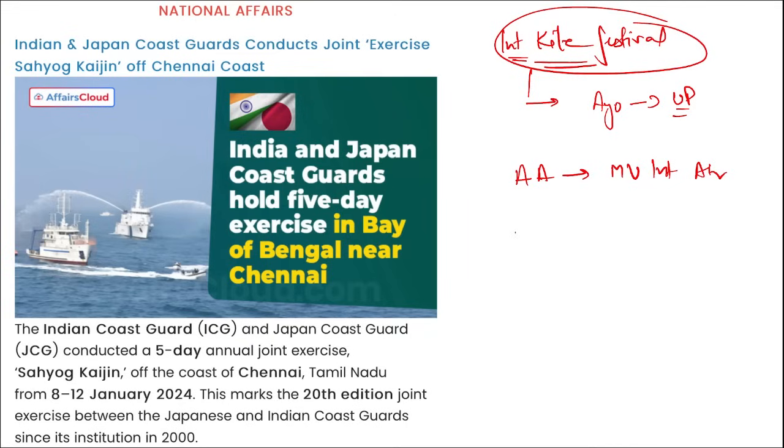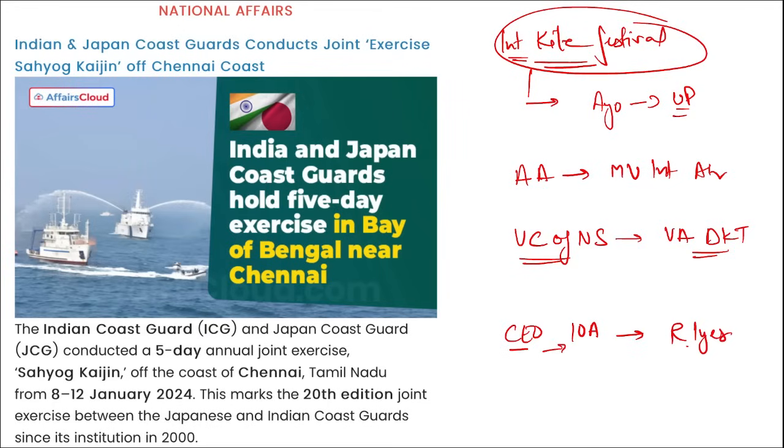Correct? Apart from this, who has been recently appointed as the Vice Chief of Naval Staff? So Vice Admiral Dinesh K. Tripathi has been appointed as the Vice Chief of Naval Staff. Then who has been appointed as the CEO of Indian Olympic Association? I repeat, CEO of Indian Olympic Association, Raghuram Iyer.